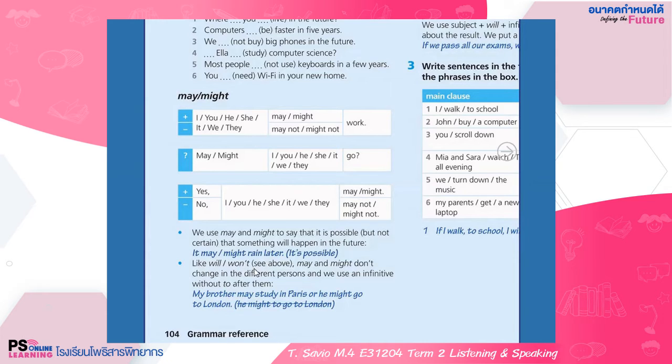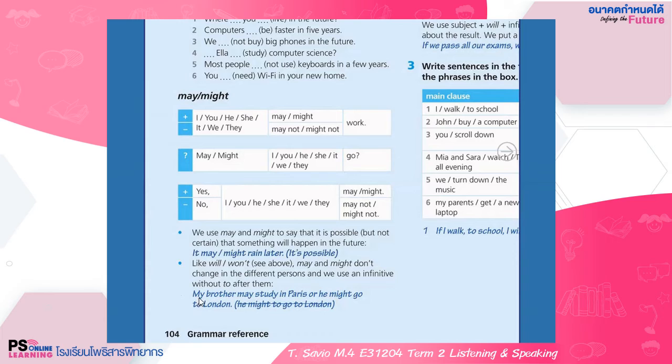Like will and won't, may and might don't change in the different persons, and we use an infinitive without to after them. So we don't use to. For example, my brother may study in Paris, or he might go to London. So when we are using may and might, we use may in the first part of the sentence and might in the second part.